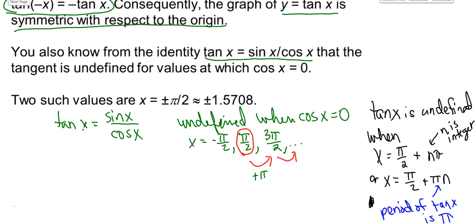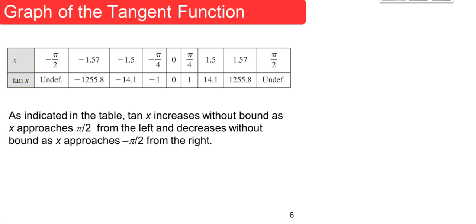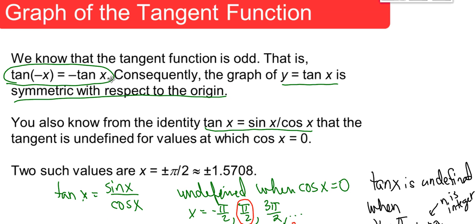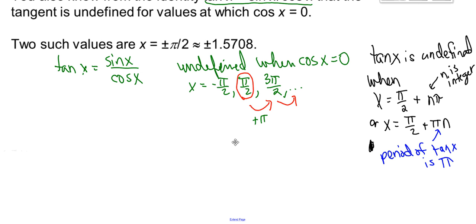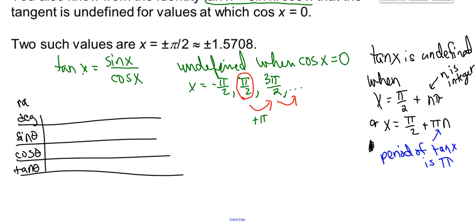And remember, when we make our table, maybe I'll go back to this page. When we do our big table, there's sine theta, cosine theta, degrees and radians, and tangent down here.